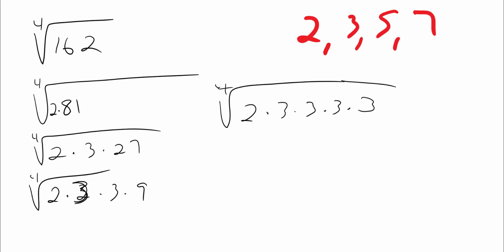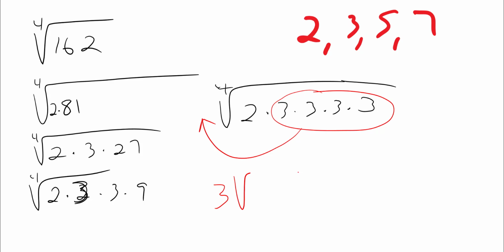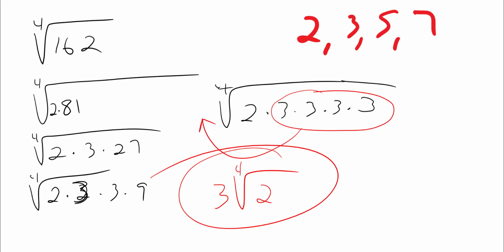Oh, sweet. 4 3s. That comes out. So you have 3, and the leftover is the fourth root of 2. And that's your answer to that problem. Okay? That's not bad, right? It was pretty easy to do that. So that's how you do some pretty nasty problems here.